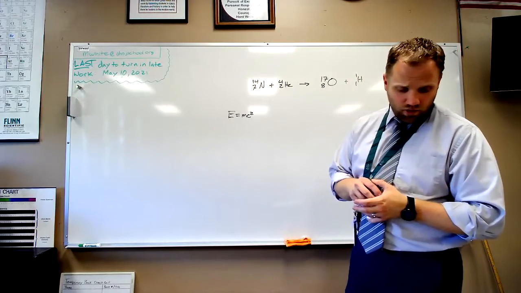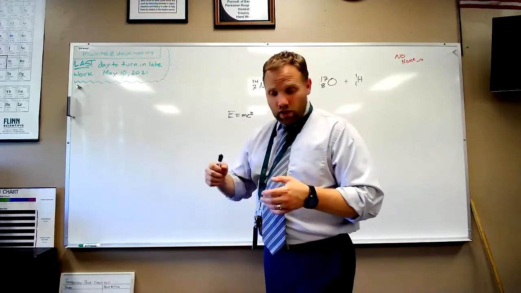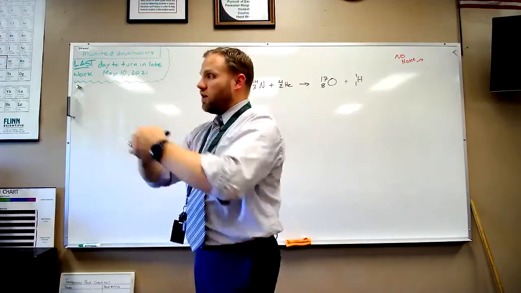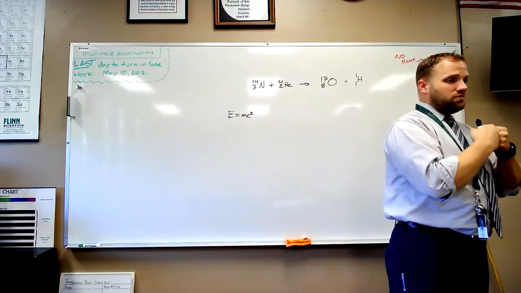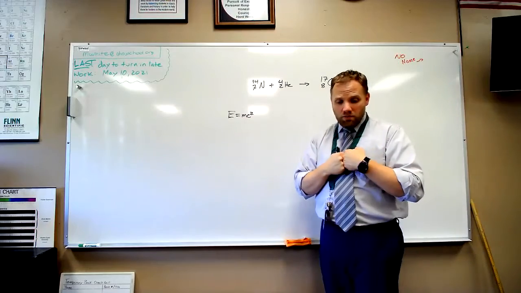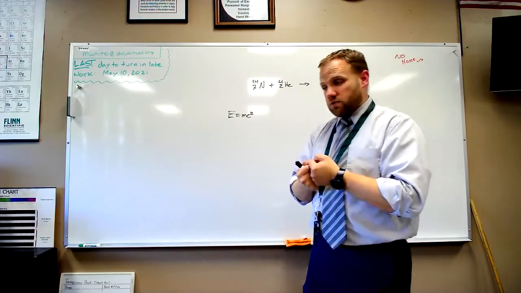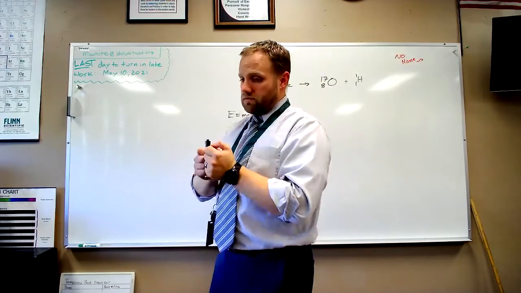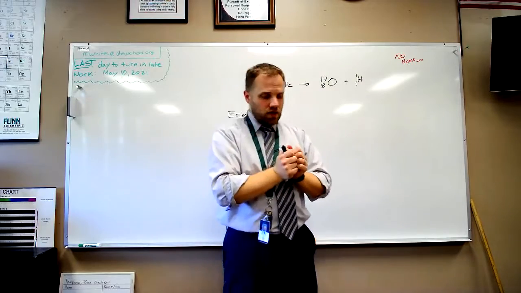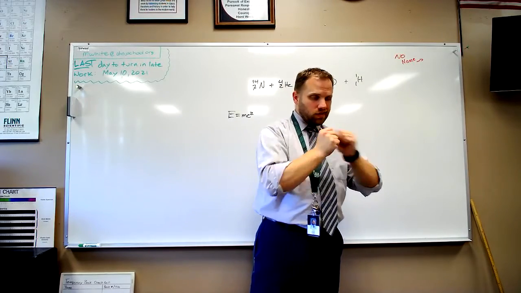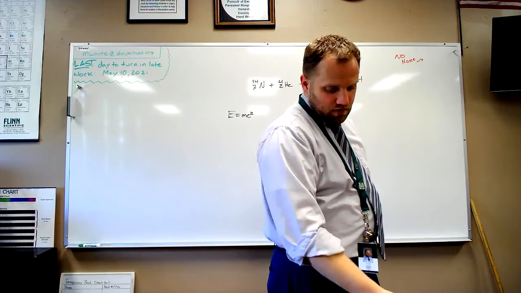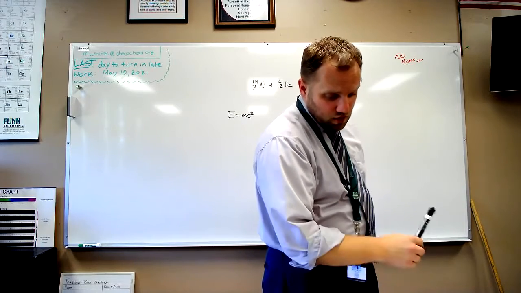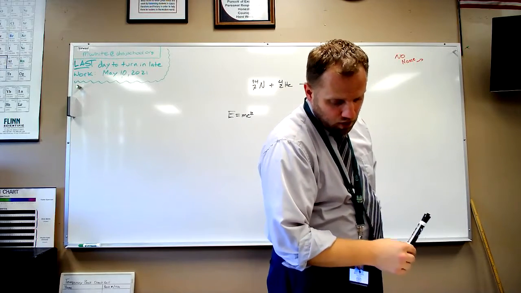So we've got uranium-235. We smash a neutron into it. At first, it joins that uranium and it becomes uranium-236. Now, uranium-236 is highly unstable and breaks apart. And in this example, we see krypton-92 and barium-141.